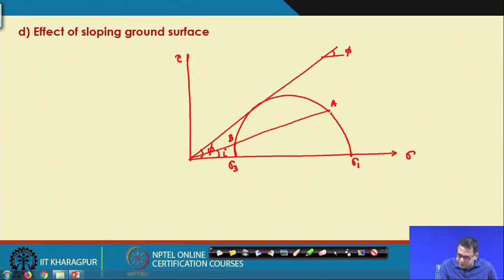Now if I consider this point A and draw a line perpendicular to this point, I can write this as tau and this one as sigma n, because that is the point on the Mohr circle, and this plane is the same as the plane that we are representing.